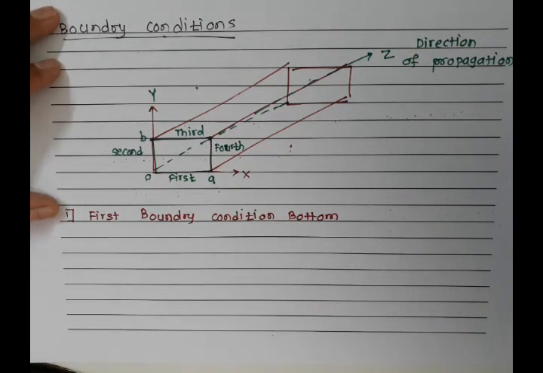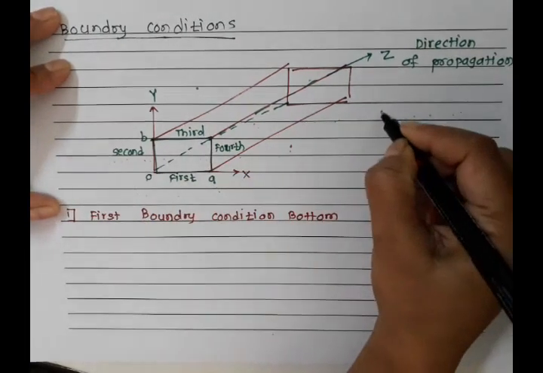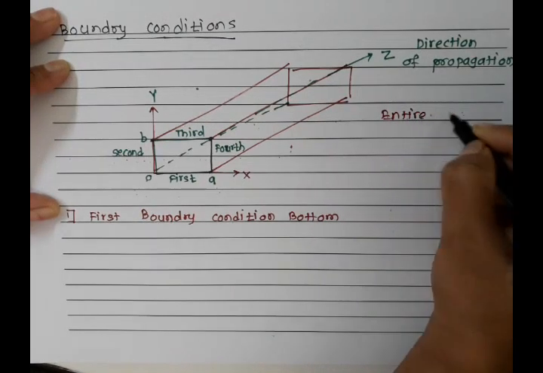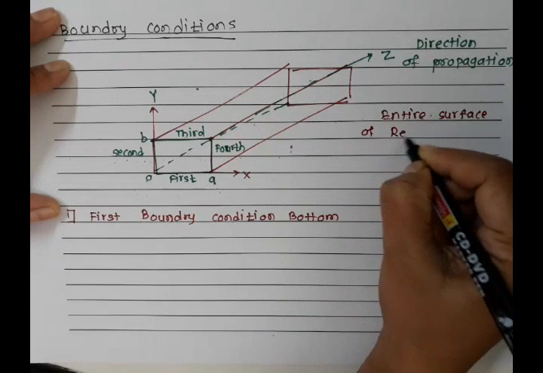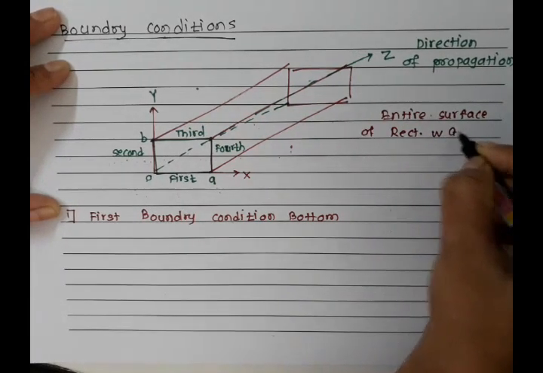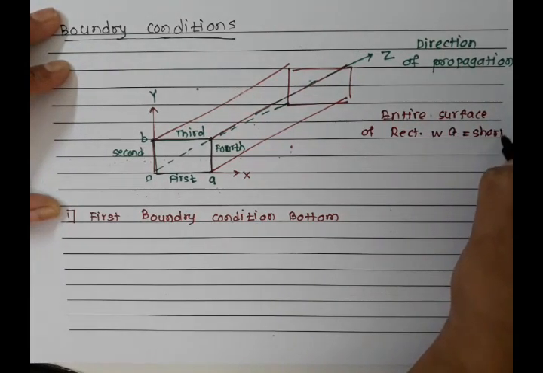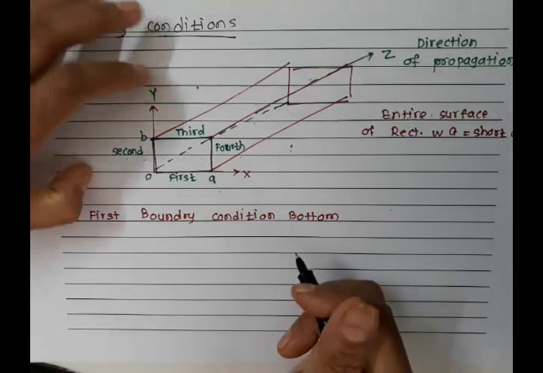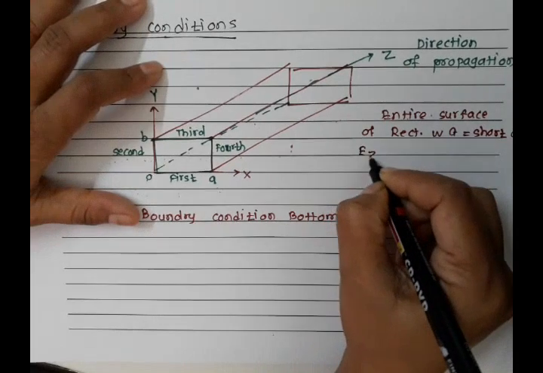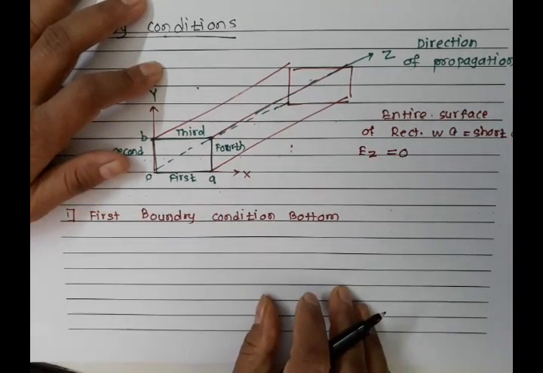Since the entire surface of the rectangular waveguide acts as a short circuit or ground, along with this boundary condition it will have Ez equal to 0.